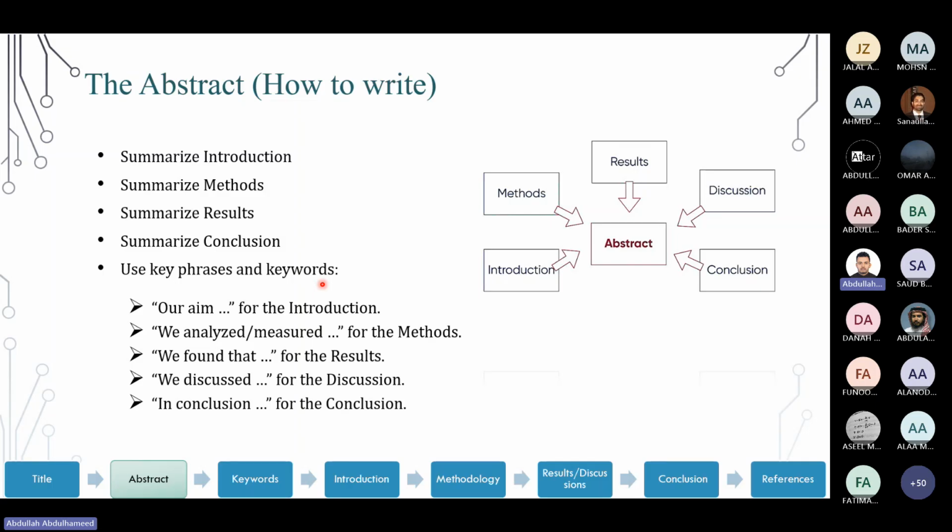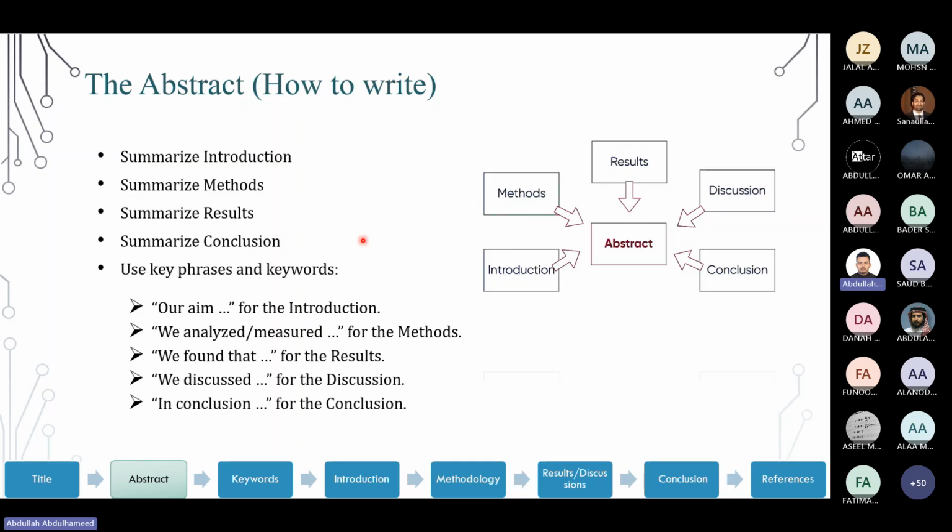What are the key phrases or key words that you should start with when you're writing your abstract? I believe when you do research, you will read papers, and you will get some idea about how people write their abstracts. Here, I'm just suggesting a few things. For example, when you want to start your introduction, maybe you can start with "our aim" or "the objective of" something like that.